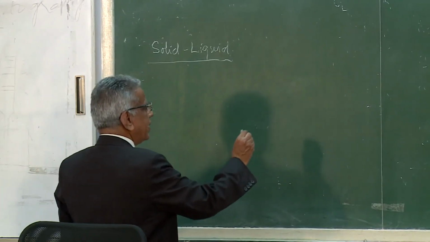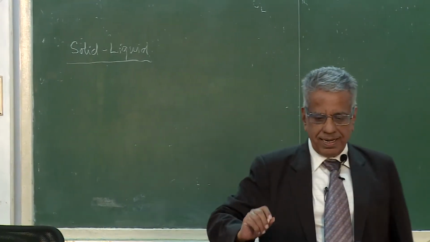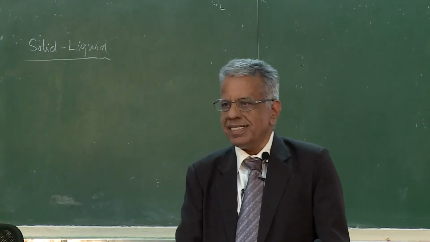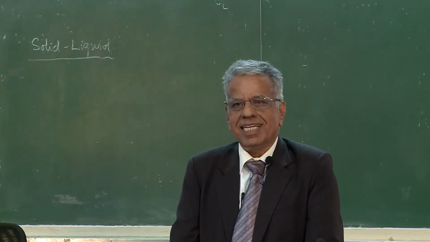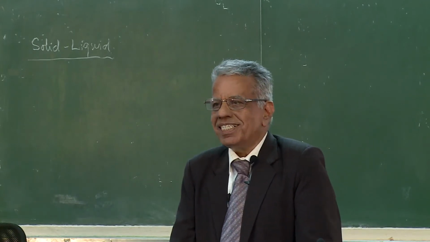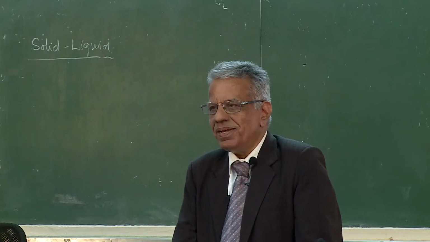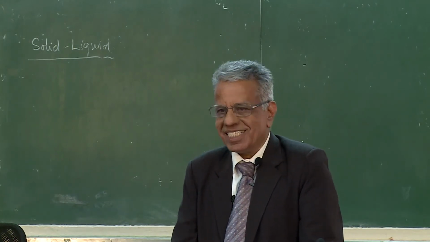So again, we use film theory. The only difference is no film is formed on the solid side because it is not a fluid. When it is solid liquid, there is a film on the liquid side. If it is solid gas, there is a film on the gas side. Right?